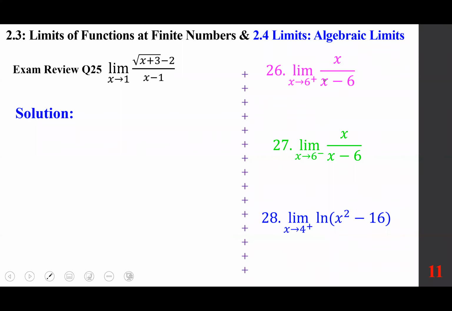Let's look at more examples of limits, starting with this one. And I hope you realize when we plug in, remember, we can just plug in and observe. When we plug in, what do we get?